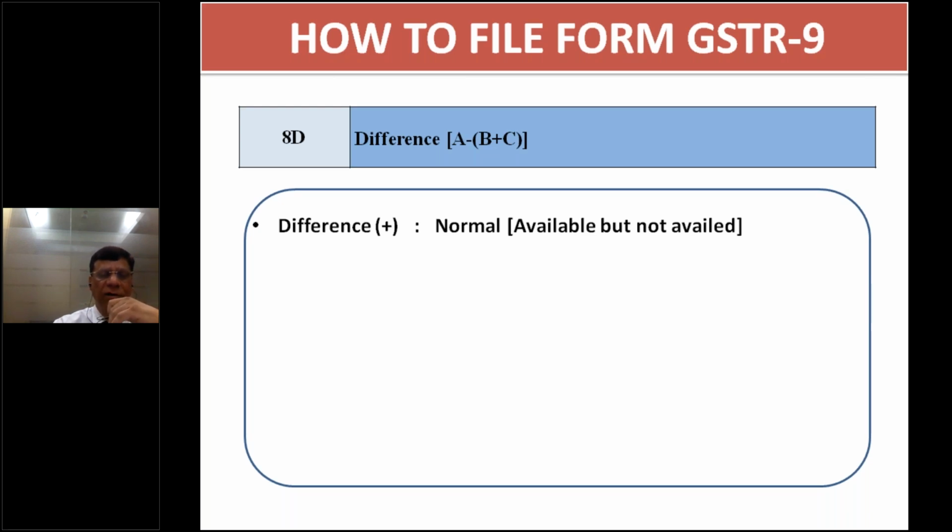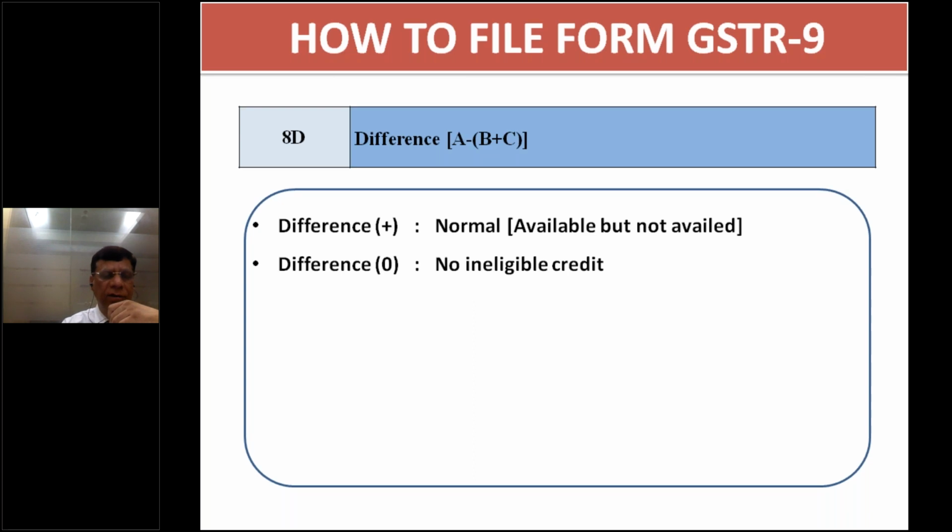If this difference is positive, because A contains information in relation to your 2A figure and B plus C contains information about your claims made, it is very good, it is normal, it is available but not availed. You might have still not availed your complete ITC.